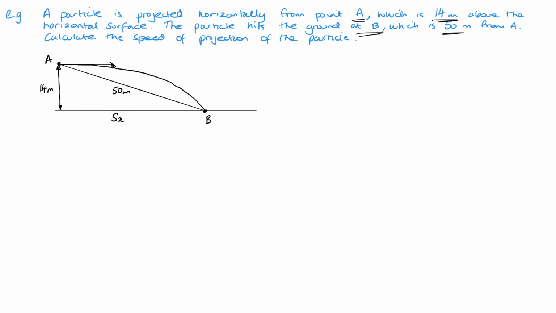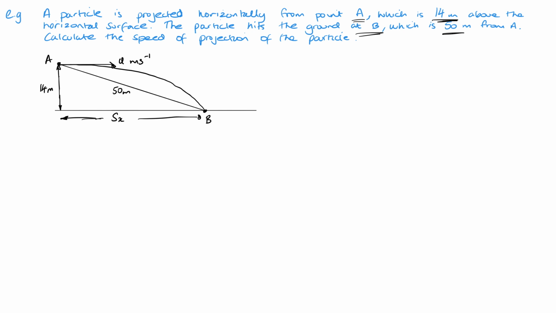Obviously this would be the horizontal distance, so it's quite easy to mistake which distances are needed. But it should be very specific if that's what they are looking for. And we need to find this U meters per second.